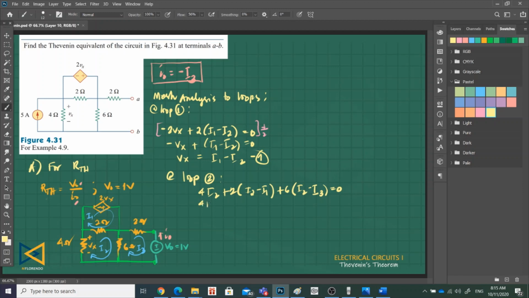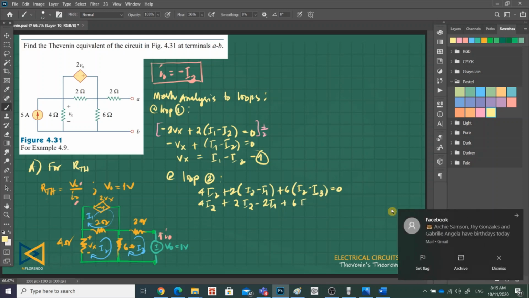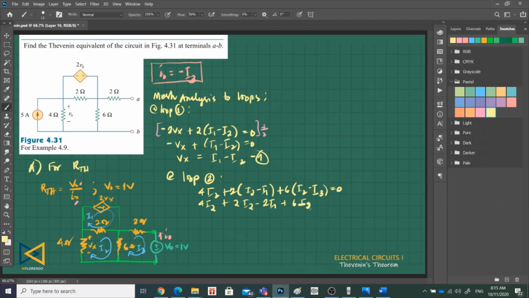Siguro, 4I sub 2 plus 2I sub 2 minus 2I sub 1 plus 6I sub 2 minus 6I sub 3. Yan ang nangyari sa pen ko. Equal 0. Wait lang.